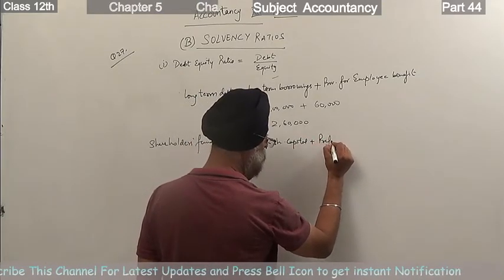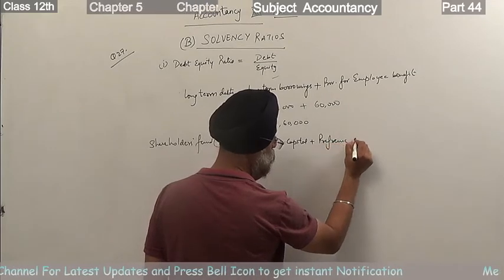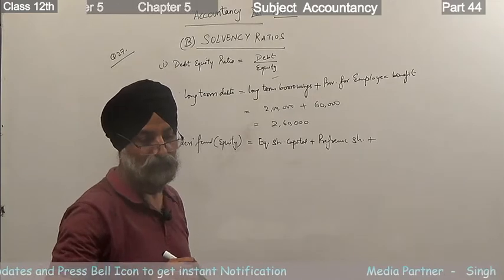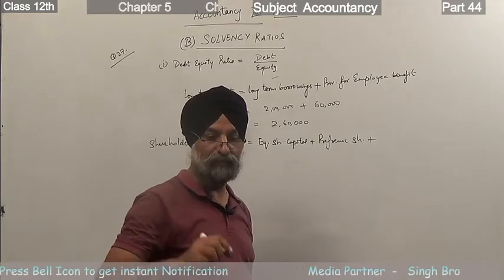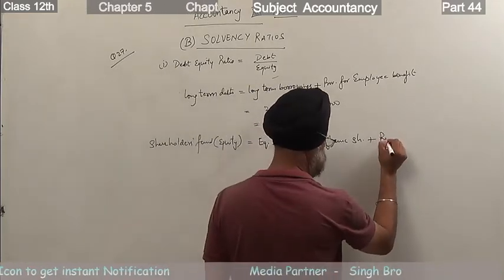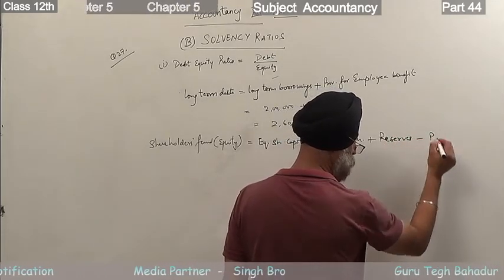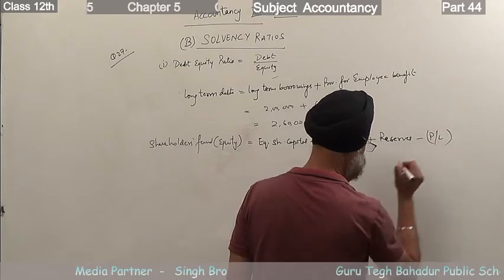Equity share capital plus preference share capital plus any profit or reserves, and subtract any loss, since in this question a loss is given.